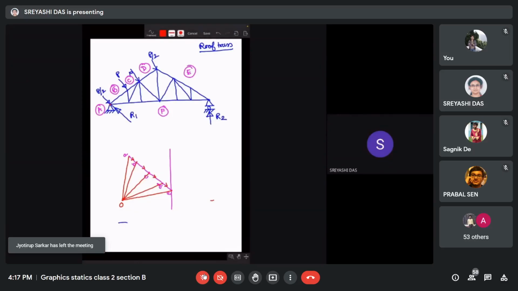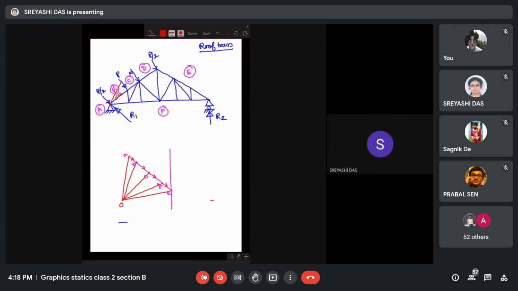Now we will draw the line parallel to OB in the B space from this point. So the line parallel to OB from this point, if we draw this, it will cut this force line at this P, at this joint. Then, I'm writing parallel to OB.